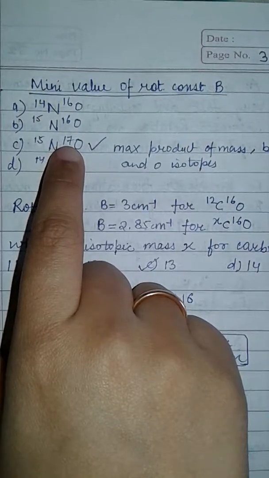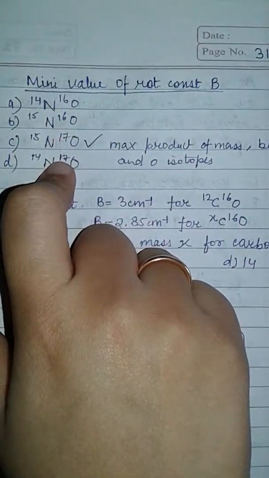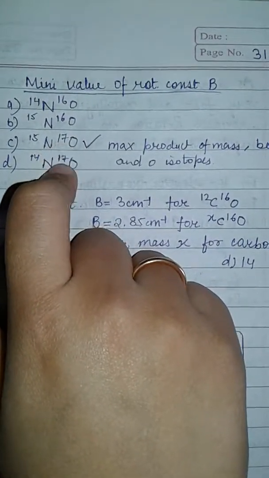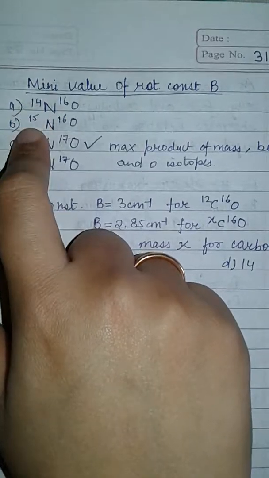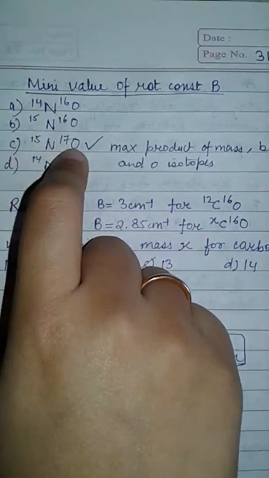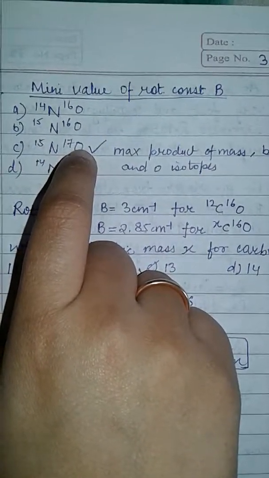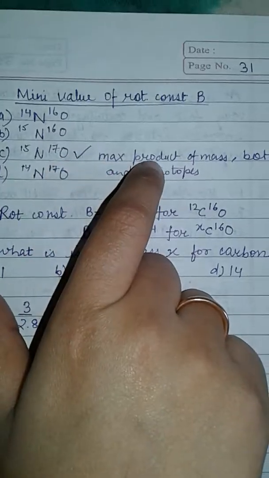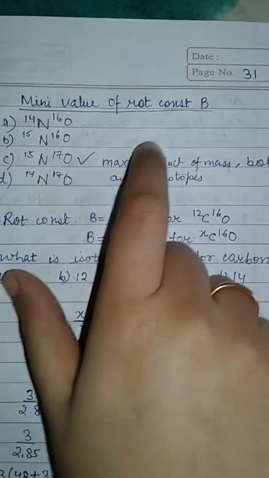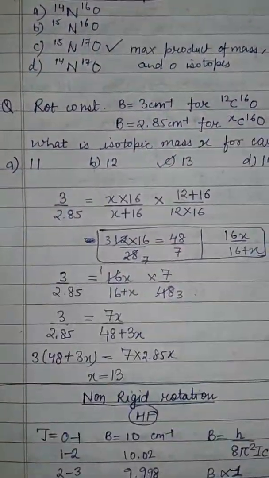So here obviously 15 into 17 will be highest, because here it is oxygen 16 and here 17, here 14, 15 and 14. Both are isotopes in this case. In the C case, nitrogen is also an isotope, and oxygen is also an isotope. So the maximum product will come out in this case only, so the minimum value of B will come in this case.